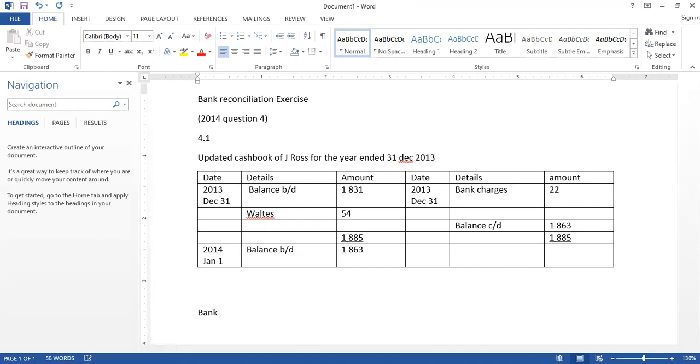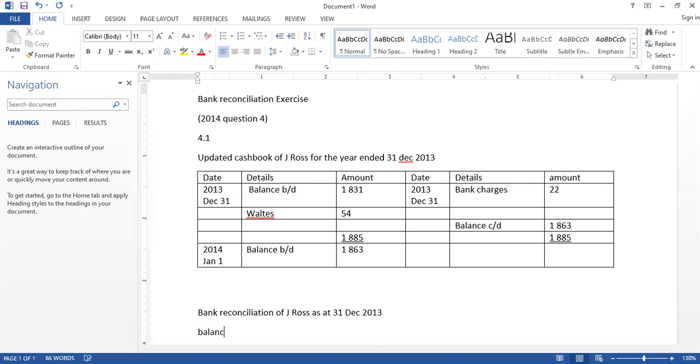First you write the heading: Bank Reconciliation of J Ross as at 31 December 2013.